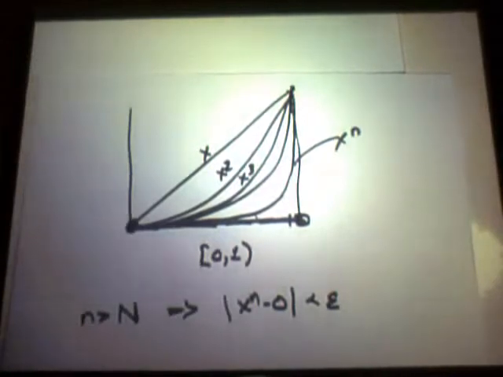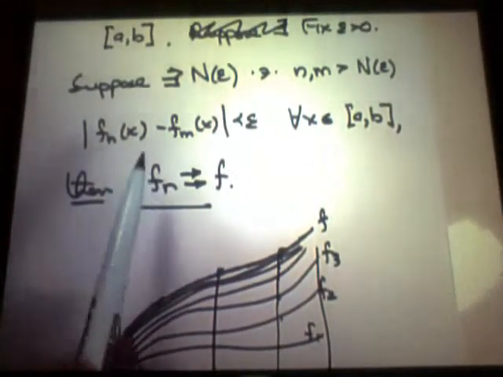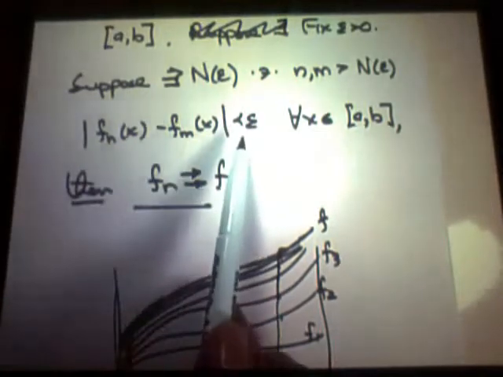Yes, sir? Are you assuming that Fn converges to f of x pointwise? No, I don't think I have to assume that in advance because immediately what I can say here for a particular x, epsilon is fixed.